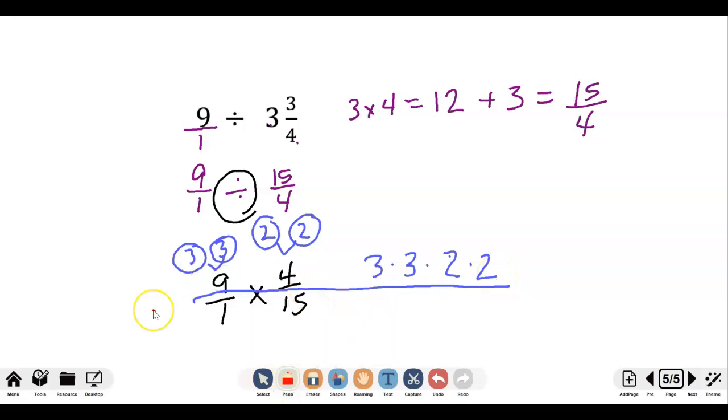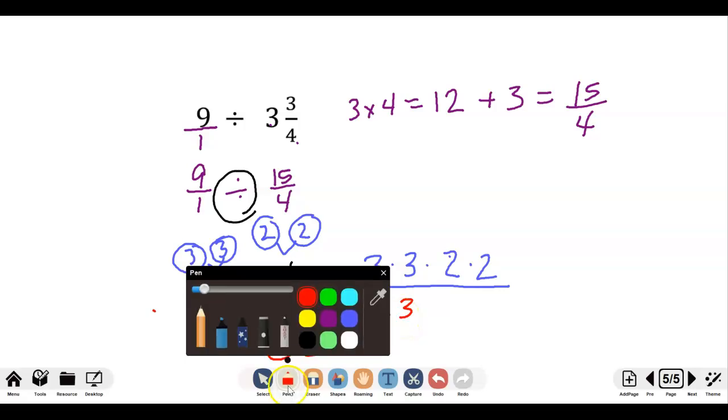And in the denominator, remember we don't do anything with the 1. We just put branches under that 15. 15 is 5 times 3. And those are both prime. So our branches are done in the denominator. We've got 5 times 3.